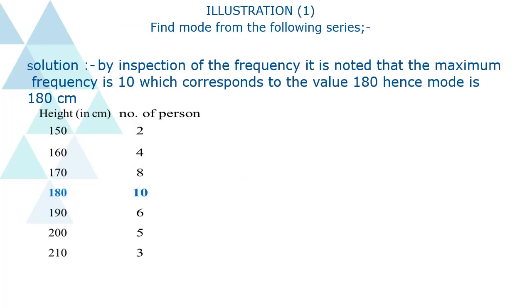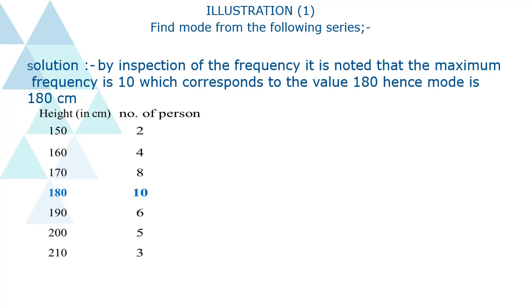Now let us understand with an illustration how we find mode under the inspection method. Under the inspection method in discrete series, height in centimeters and number of persons, two pieces of information are given. Height is referred to here as X and number of persons as F. Under this method, to find the mode we look at the frequency.